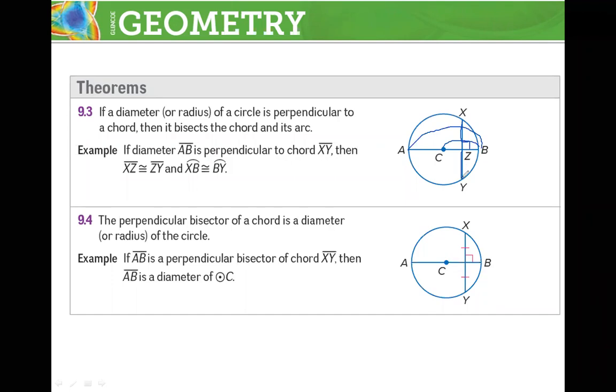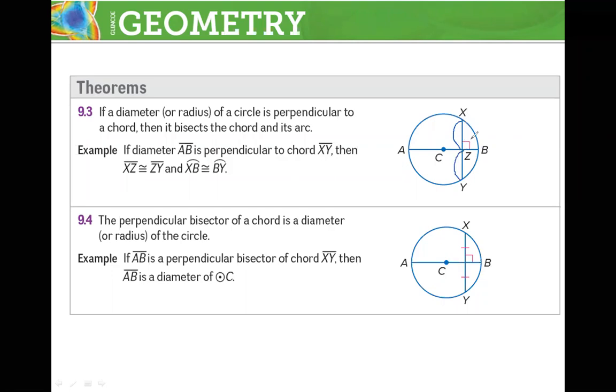So if AB or CB is perpendicular to XY, that represents a chord, then what happens? The length of XZ equals the length of YZ.